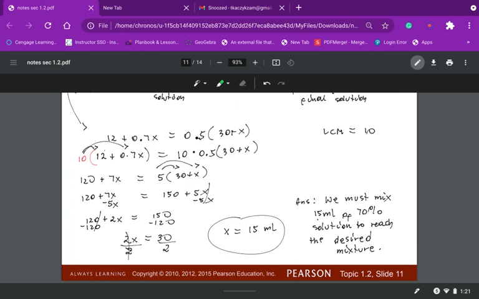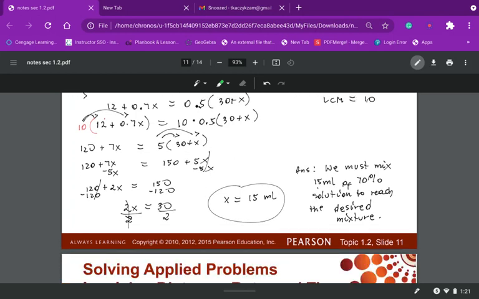Okay, so this is how you solve problems when you have percentage mixture problems.